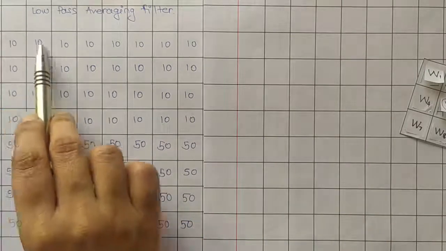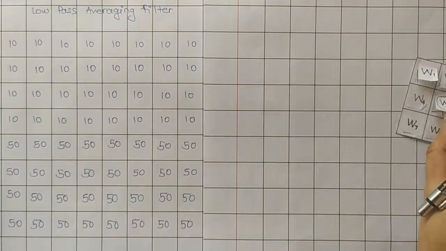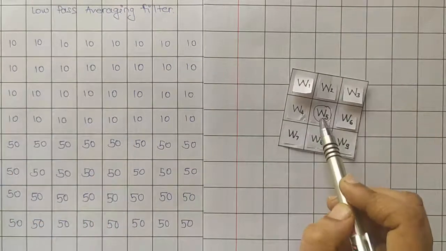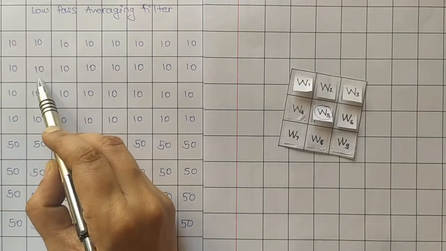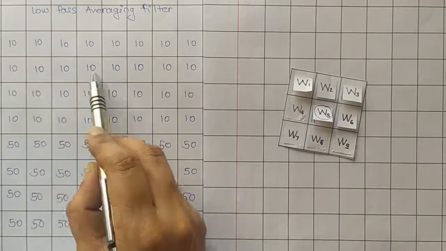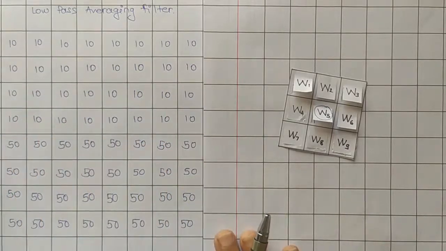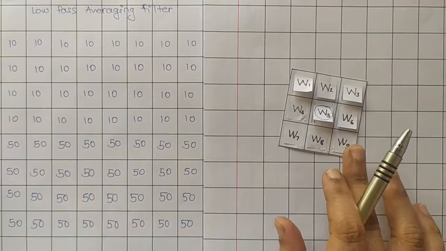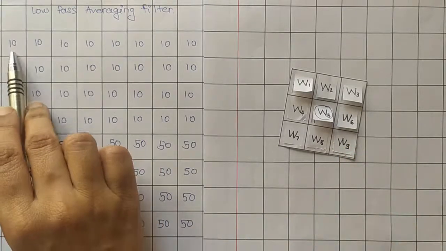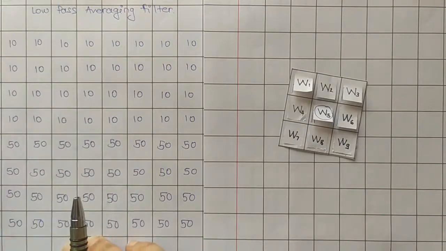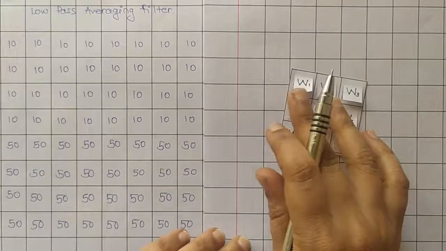The border pixels will remain unchanged, since the center of the mask coefficient can overlap only with these interior pixels. The border pixels will be unchanged in this case. And to work on the border pixels, we have to use zero padding of the image.